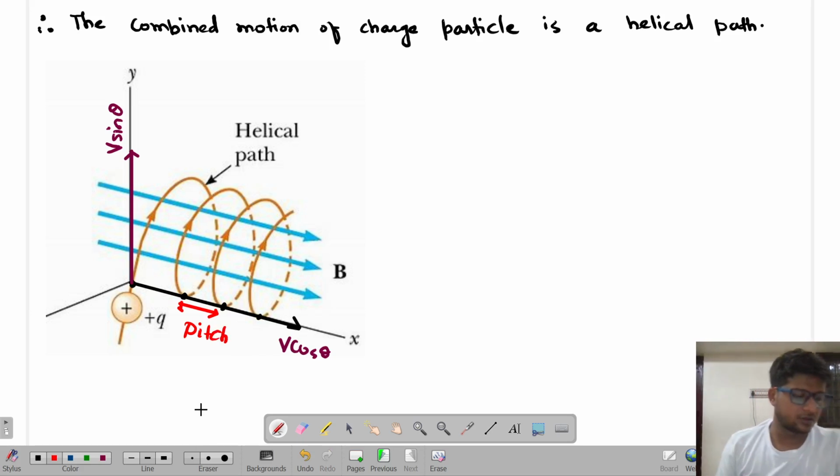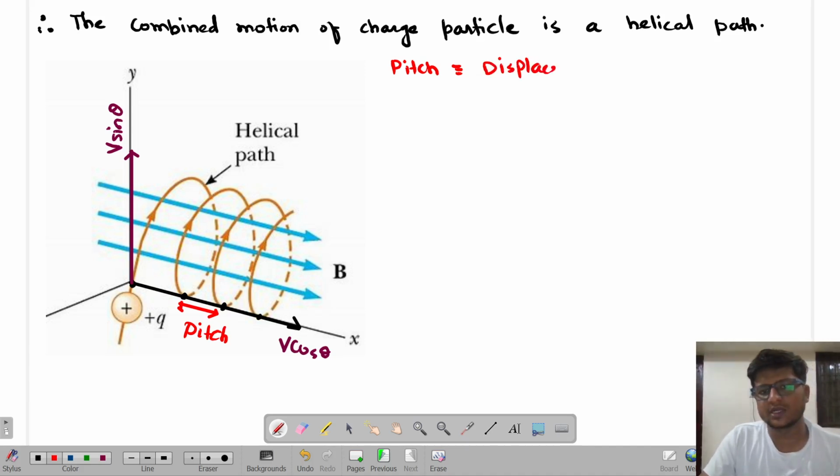Okay. Now let us find out what this pitch can be. Let us define this quantity: the pitch of the charged particle in the helical path. This is nothing but the displacement of the charged particle along the helical path.